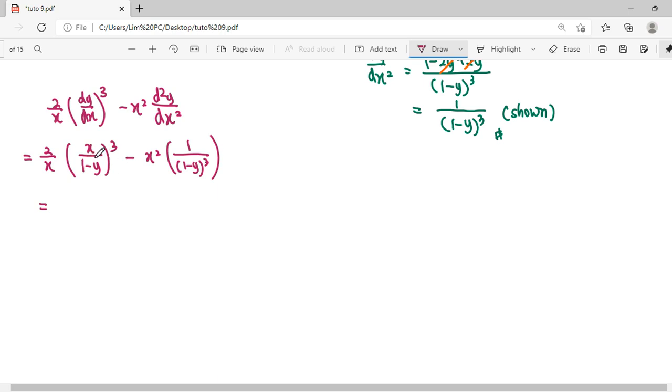When we have a cube, we expand it, it will be x cubed, and the denominator will become 1 minus y cubed. So from here, you can notice that we get a similar term. When we multiply it, it will become x squared over 1 minus y cubed. And then we can see our x here, for the first term. So our x can be simplified, so here it will become squared.